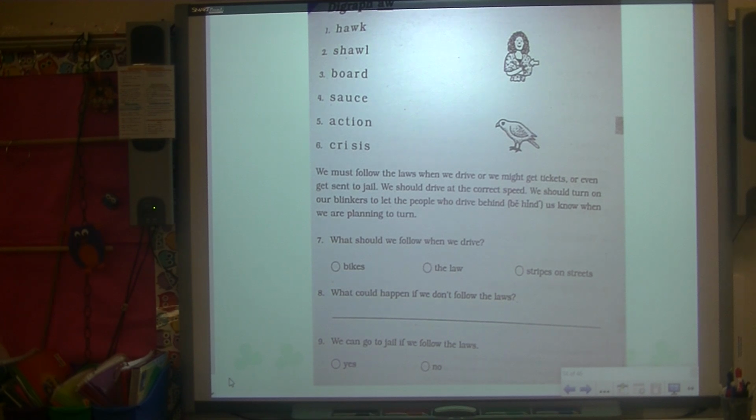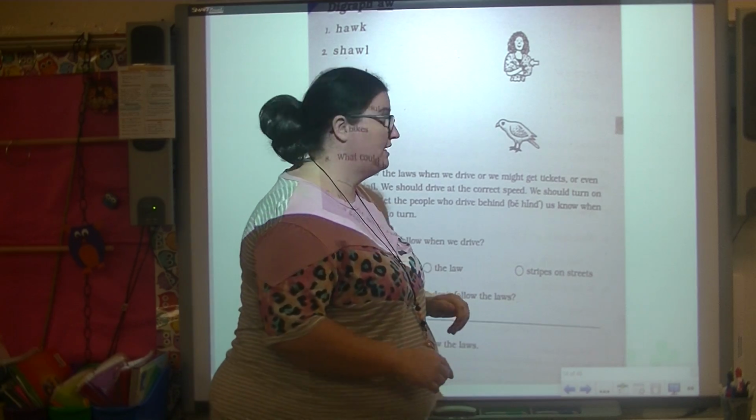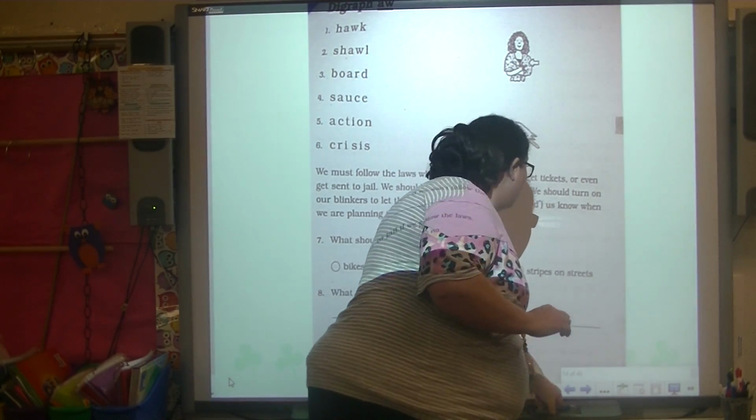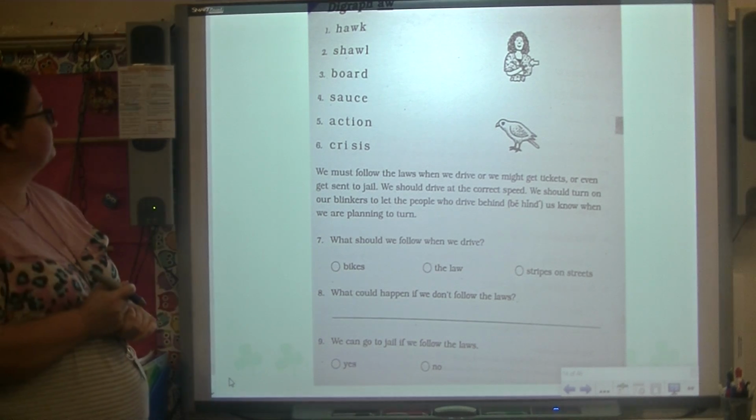All right, digraph AW makes what sound? Oh, excuse me, yes, aw. Alright, mine's way up here in the air, but AW is underlined because it is a digraph. Alright, number 1, how do we code it?